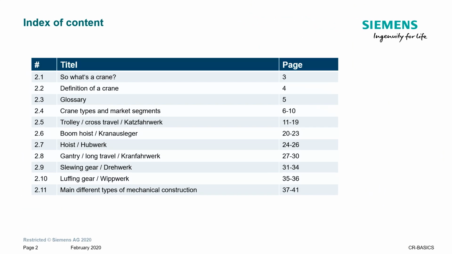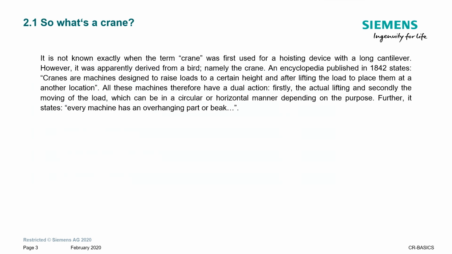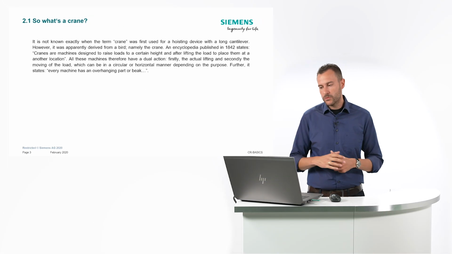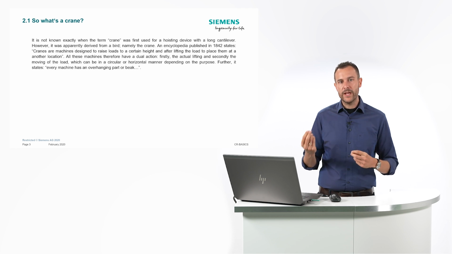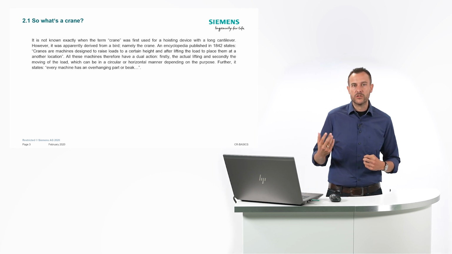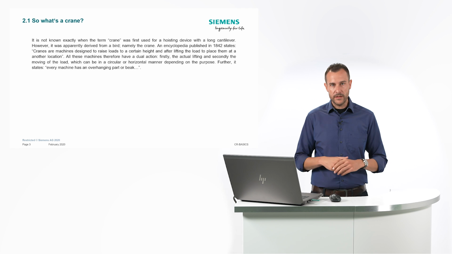I will start now with the definition, what is a crane, and we will have a look at how it got its name. What we saw in the past was that the word crane in many languages, from the rural word crane, or in Spanish grúa, and the bird are the same.